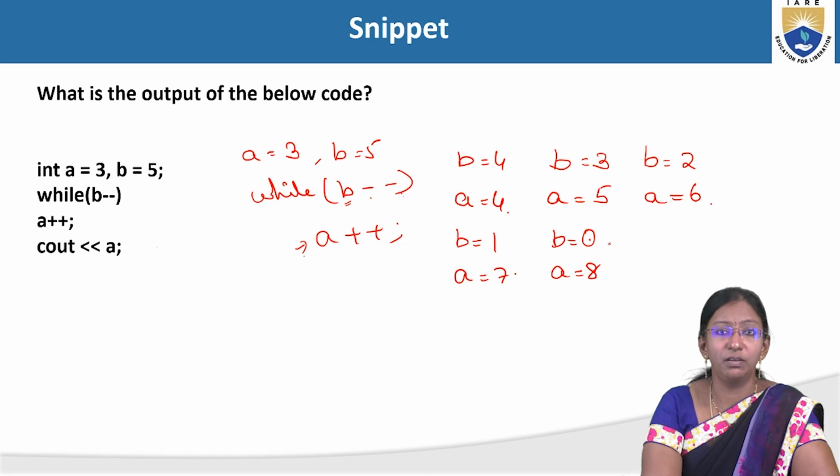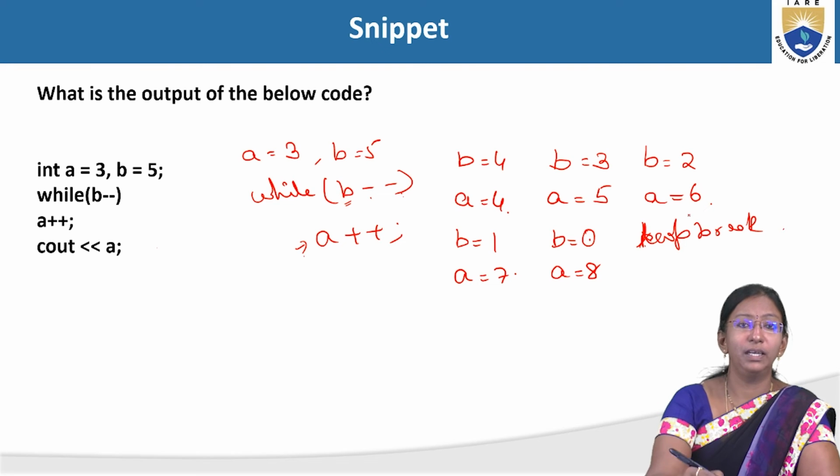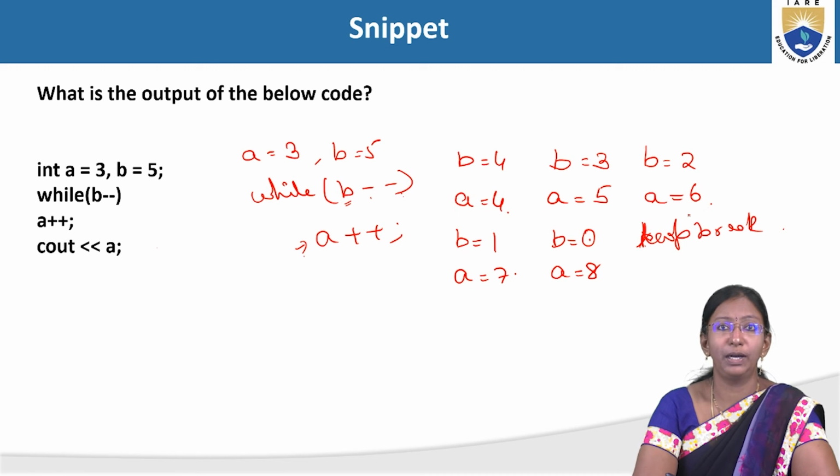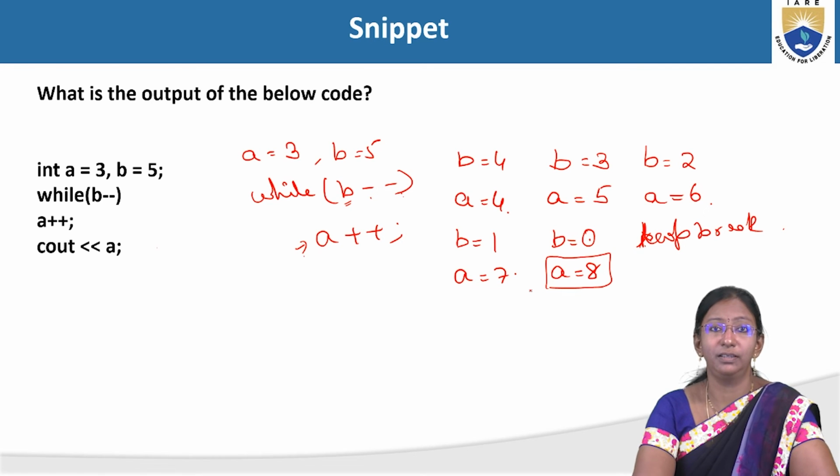Again go and check. What is the value of B? It is 0, and the loop breaks. Finally you come out of the while loop and print the value of A. What is the final value? After all the overwriting, it is 8.